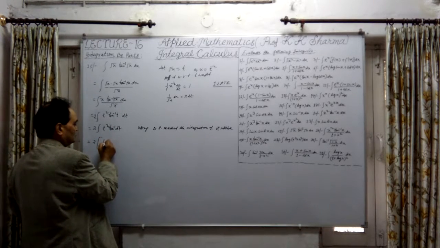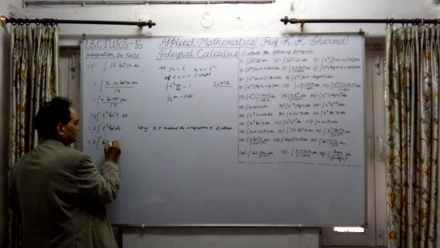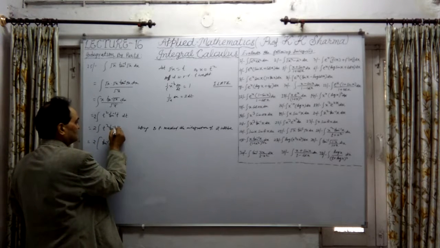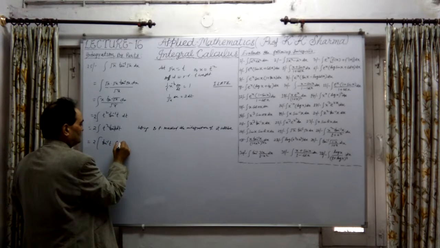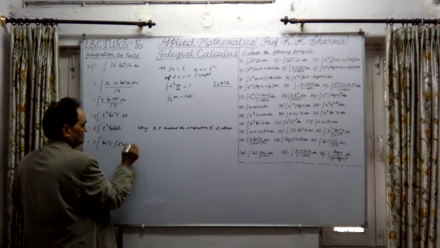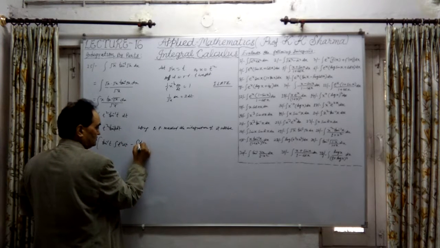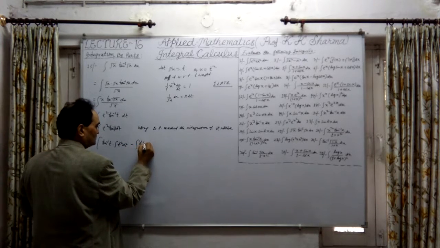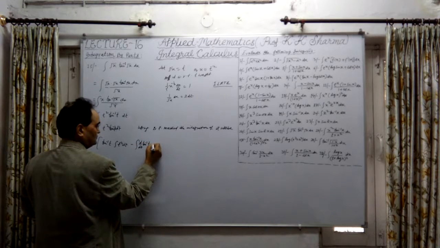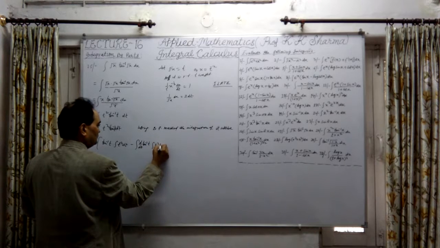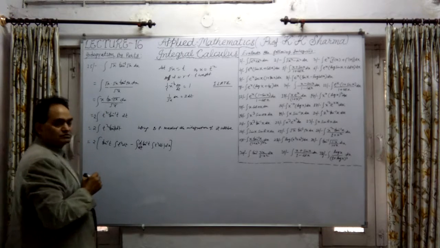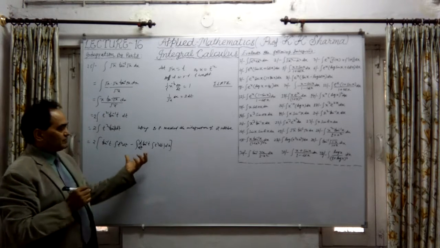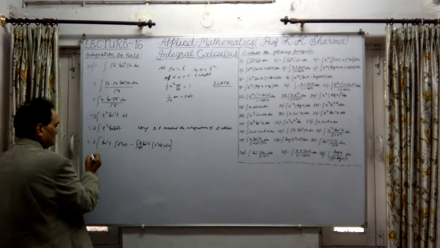Let me write the first function as it is, tan inverse t, into the integration of t square dt, minus the integration of d by dt of tan inverse t into the integration of t square dt, whole dt. We know what the bypass method is; this is the bypass method we are using here.